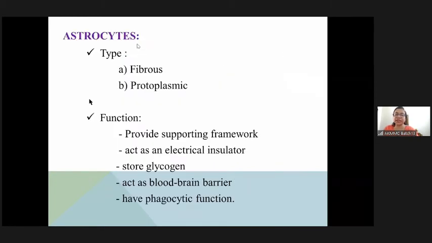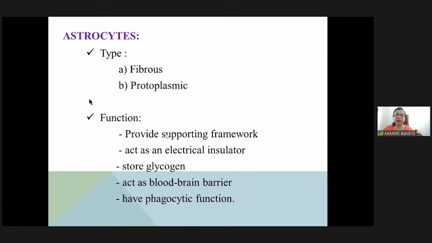What type of cell will form this blood brain barrier? Astrocyte. So we learned the functions of astrocyte, and it has some phagocytic action. Never say the last one first, many people say the last one first.